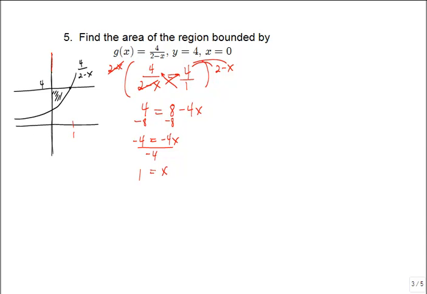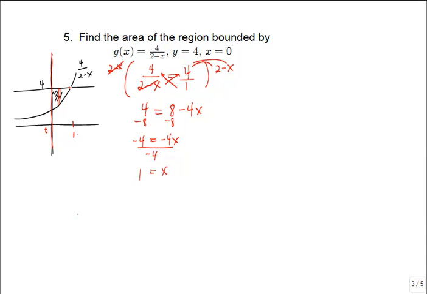So we've got our 0 on the left bound, and then we've got this 1 on the right. Those are going to be my bounds for x. Now remember, draw in a little rectangular slice. If I draw that, what is on the top of that slice? That's this horizontal line, y equals 4. And what's on the bottom of that slice?